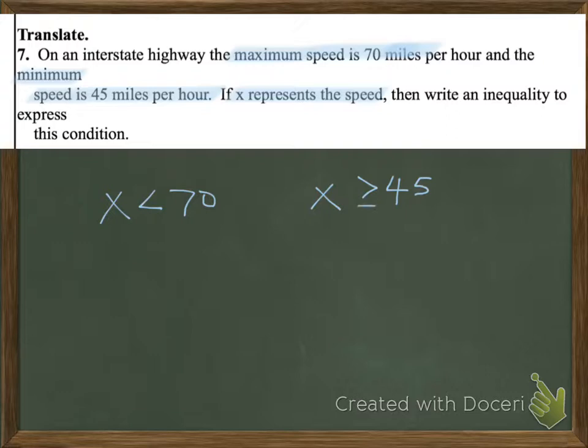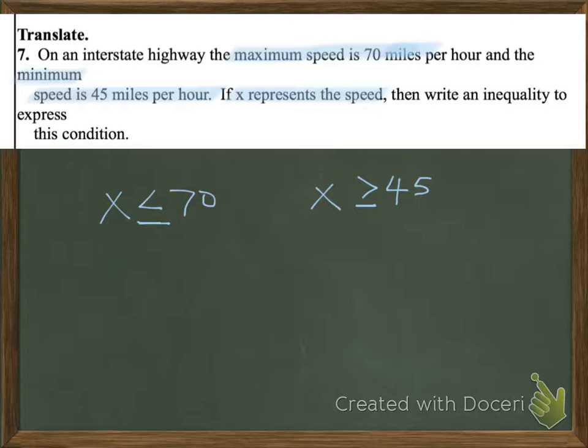With that being said, I need to make this equal to, but I can only go up to 70 miles per hour. So I got to make that equal to 70 miles per hour. So I can go 70 miles per hour, but no slower than 45. So is that an and or or statement? I have to go slower than 70 miles per hour or 70 miles per hour, and I have to go faster than 45 miles per hour or equal to 45 miles per hour. So that's an and statement, right?